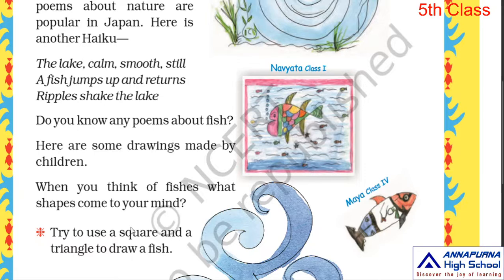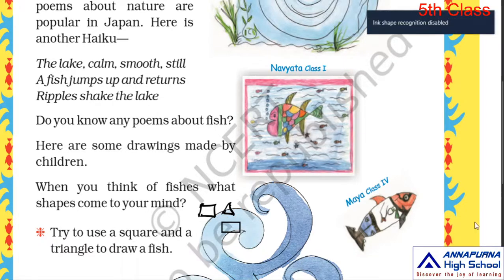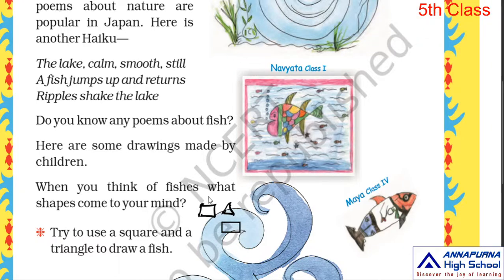So, basically, square, and a triangle. Sometimes it can come to mind as a rectangle. So this rectangle is used to draw the big fish. So generally we use these two, square and a triangle. We can draw the fish.